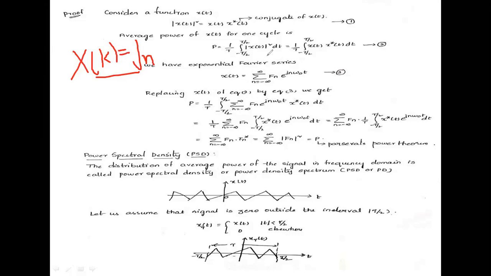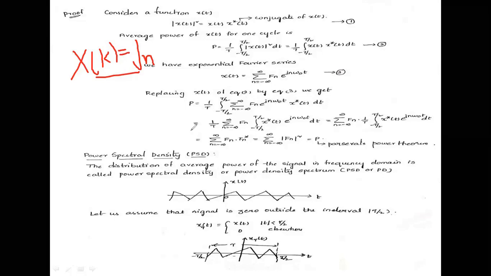So P is equal to 1 by T, the integral from minus T by 2 to T by 2 of x of t, which I am substituting with the synthesis equation, the sum from n equal to minus infinity to infinity of Fn e power j n omega naught t, times x star of t dt.